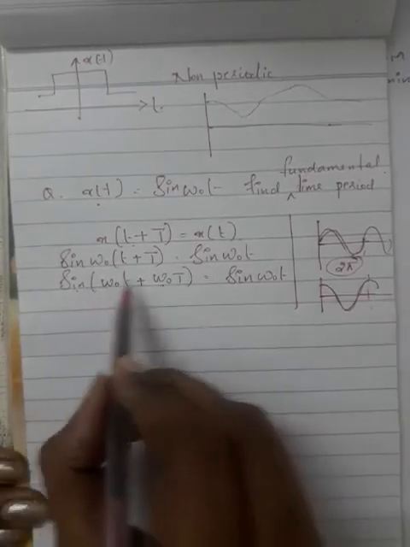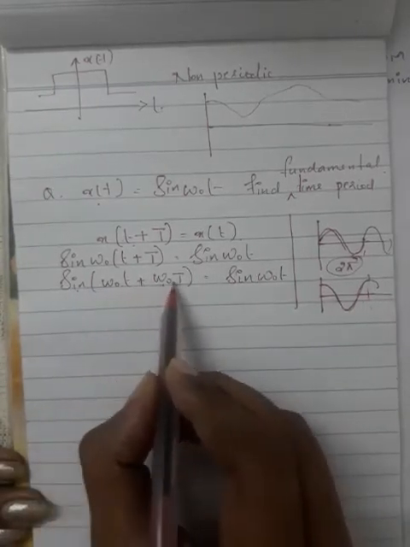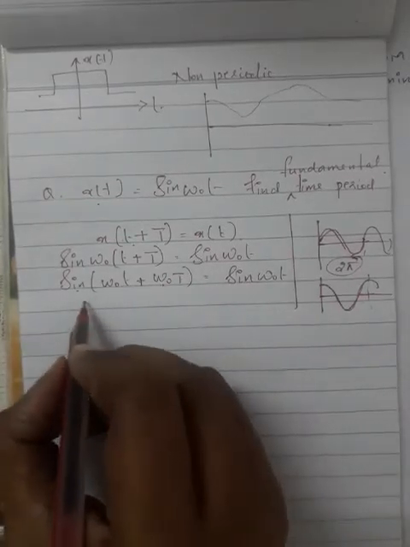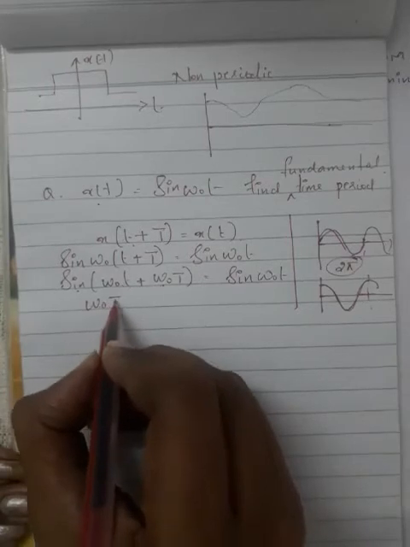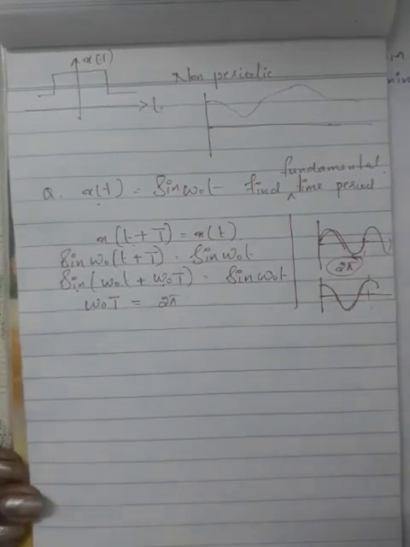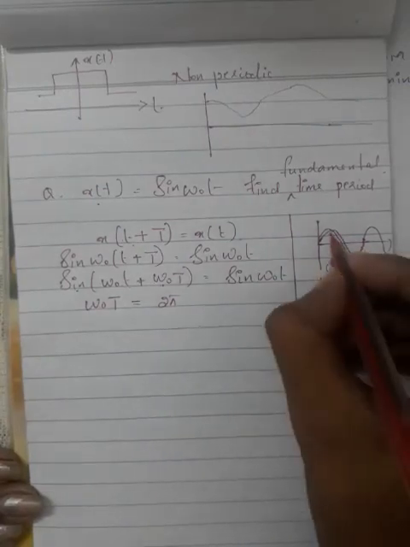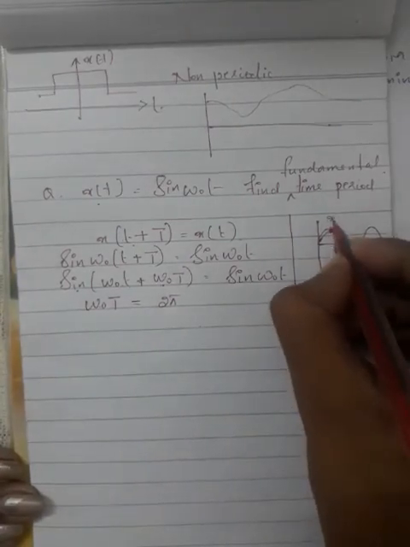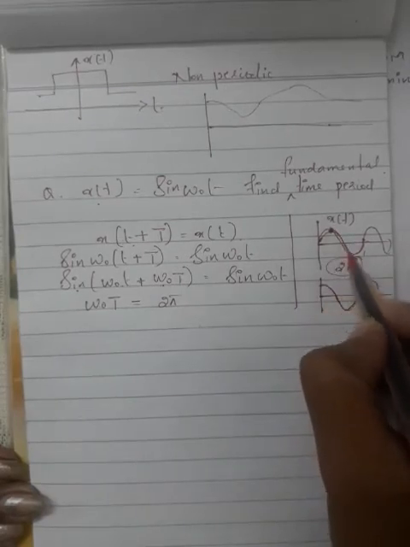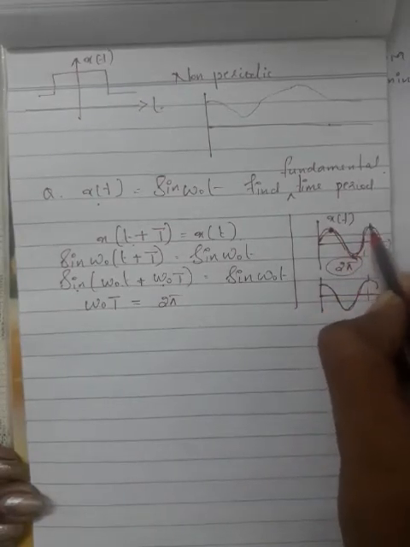That is, sine omega 0 t plus 2 pi is equal to sine omega 0 t. That is, omega 0 into capital T is equal to 2 pi. If this is x of t, the same signal will repeat after 2 pi.